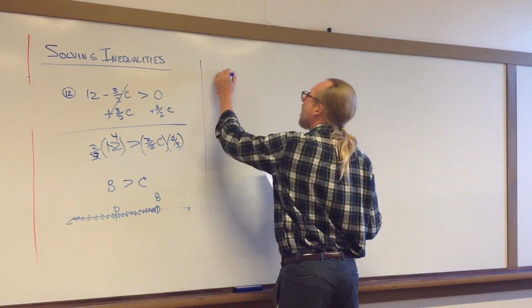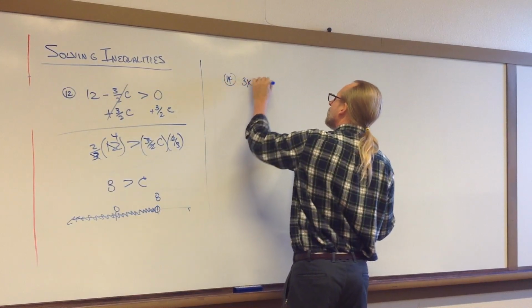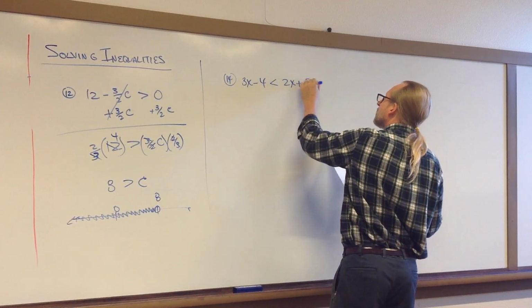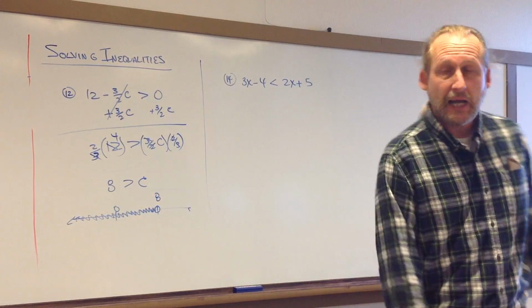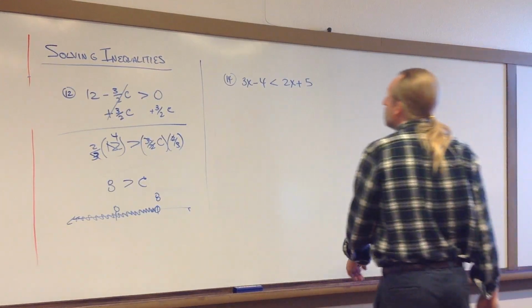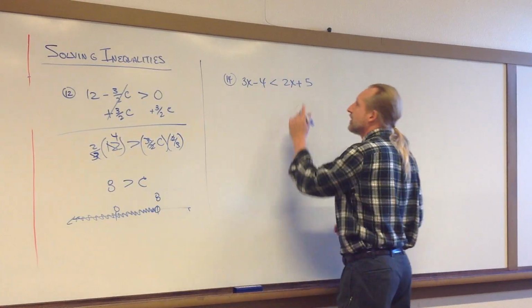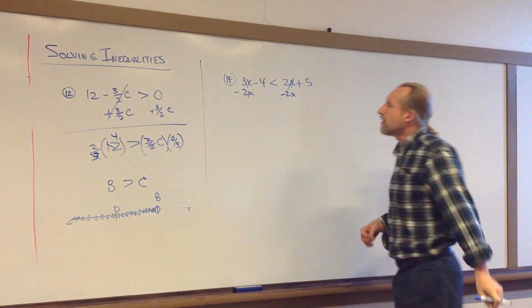All right, what else? 14. We've got variables on both sides. 3x minus 4 less than 2x plus 5. Now this is your choice as to how you'd like to approach this problem. I like to keep the coefficient of the variable positive. So I'm going to move the 2x's over to there.